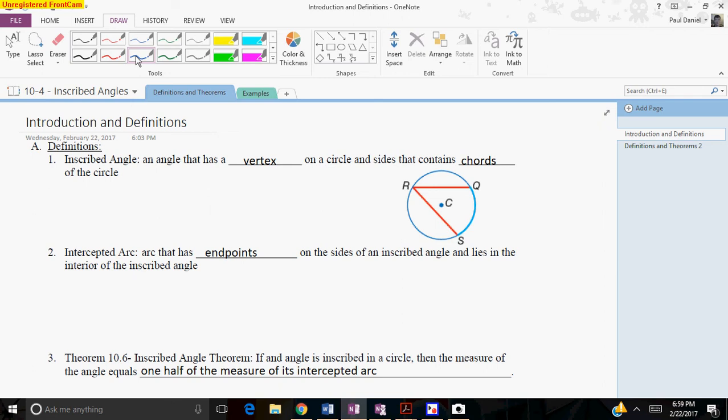And sometime, hopefully not next week, but early to the middle of the week after, we'll have a test on chapter 10. So hopefully we can get through this chapter in maybe a week and a half. Okay, so let's go through some stuff.